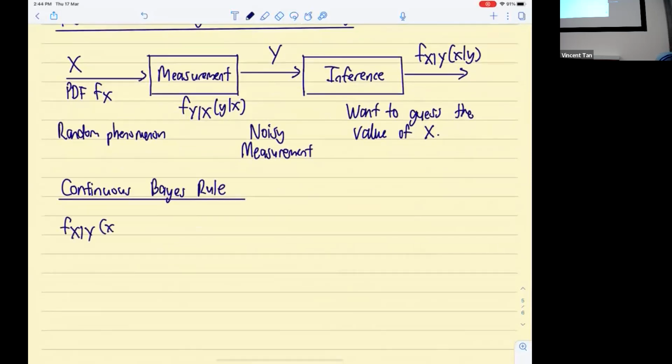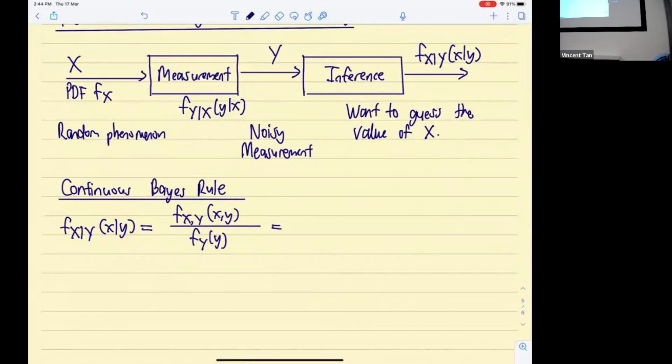f of x given y. This is something that we want because y is our observation and x is our random phenomenon. So based on the observation, you want to understand what is the spread, what is the PDF of the random phenomenon that you're after. So this is f of x, y divided by f of y.